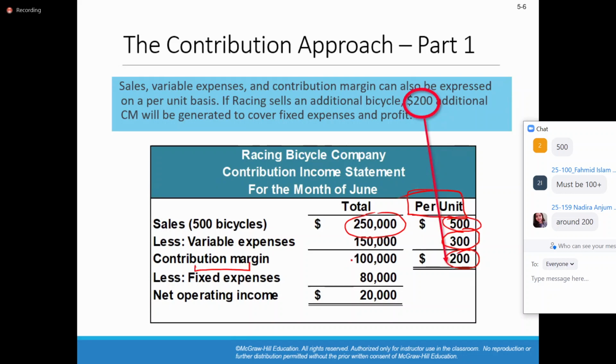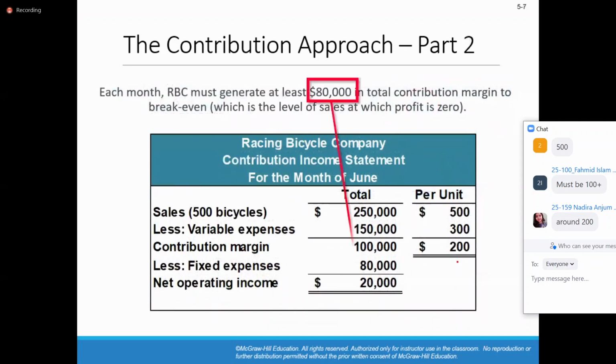It means that if we sell a single bicycle at this price and this variable cost, we will have 200 contribution margin per bicycle to cover the fixed expenses. So for each bicycle we are selling, we are getting a $200 contribution to cover the fixed expenses.